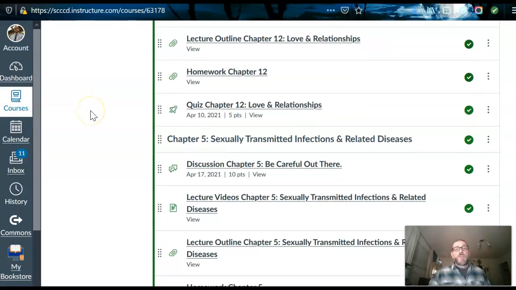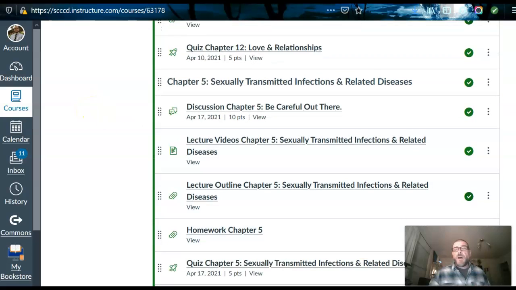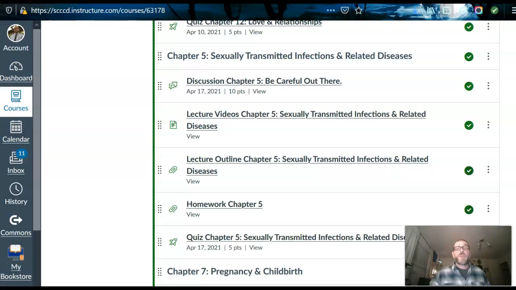Our next chapter in this section is chapter 5, sexually transmitted infections and related diseases. And so we're going to go ahead and define what we mean by STIs. That's what they're called today. You may have heard about STDs or VD, even going way back there, but we call them infections now because they are contagious. You can catch these.